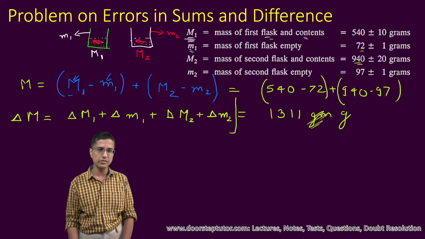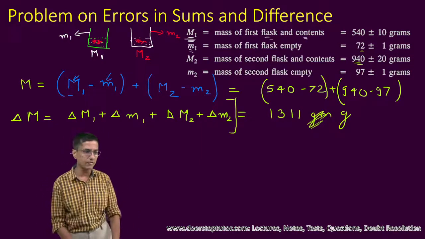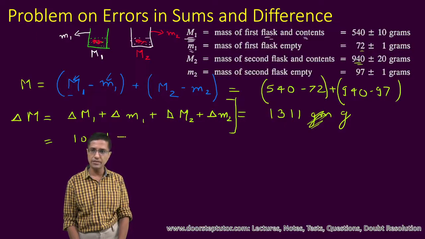We will always add the absolute errors. So delta M1 is 10 plus delta m1 is 1, plus 20 plus again 1, and if you compute this it comes out to be 32 grams.